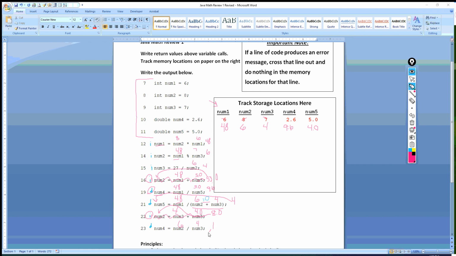Now the 1 is going to be stored in num4. Num4 is a double, so therefore that int has to be converted to a double automatically, in fact, and so the 1 becomes 1.0. Alright, so this should be your ending values for these 5 variables. And that's it.